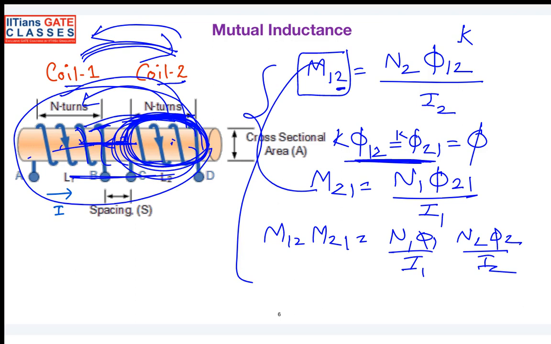As I said, phi12 is equal to phi21, and both have the same number of windings. So your mutual inductance also remains the same. If you assume phi12 equals phi21 and n1 equals n2, then M12 is the same as M21 or not?